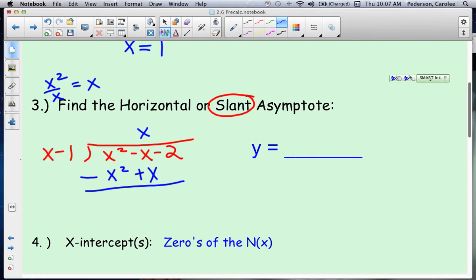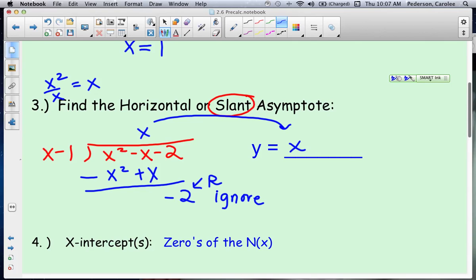First set of terms cancel out. Second set of terms cancel out. We bring down the negative 2. Can you divide x into negative 2? No. So this is my remainder that I ignore. I don't really care about it. So what your slant asymptote will look like is whatever this is. Y equals x.